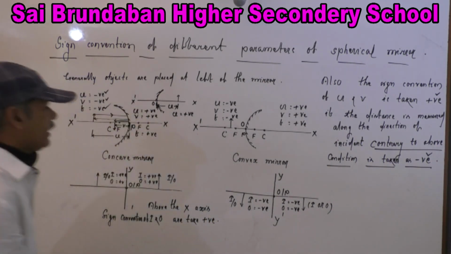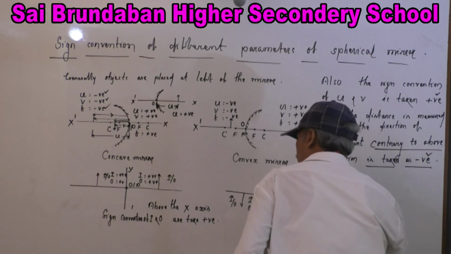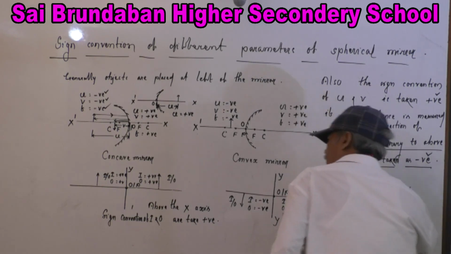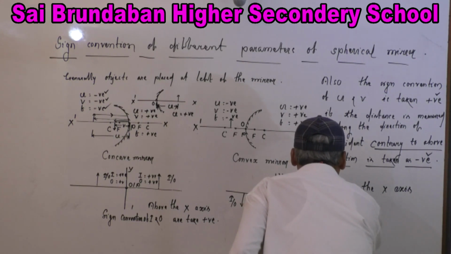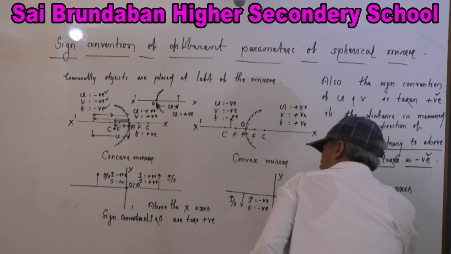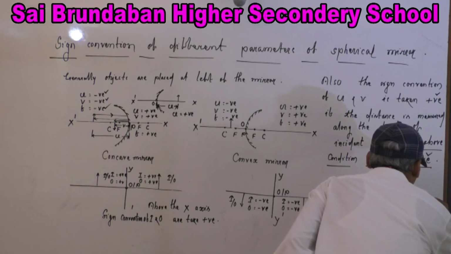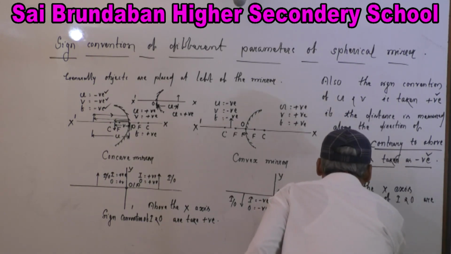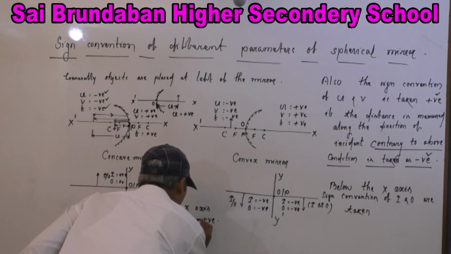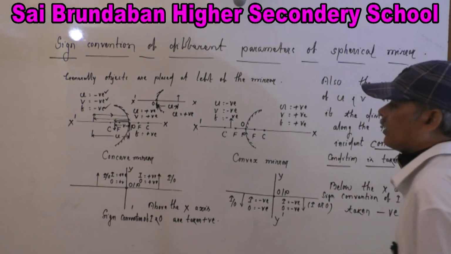Here you can write: below the x-axis, the sign convention of I and O are taken negative. Okay, all the best.